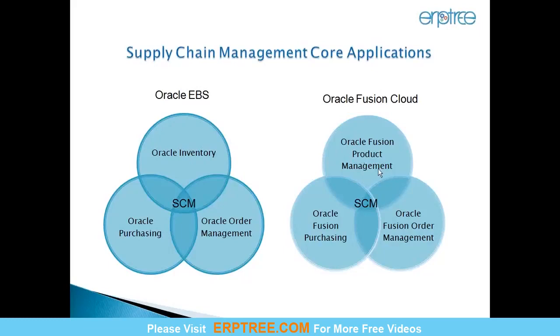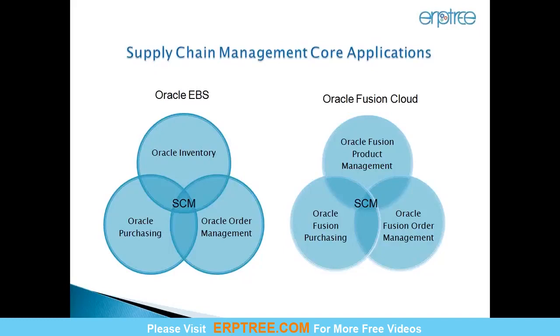The same solution we have as a part of EBS also, but it was offered in EBS as a separate solution. In Fusion, to manage your inventory-related activities, they have given Oracle Fusion Product Management. If you take the subscription for Fusion SCM applications, you will get some privileges to use this application, up to the level that Oracle Fusion Product Management will support your SCM process flows.